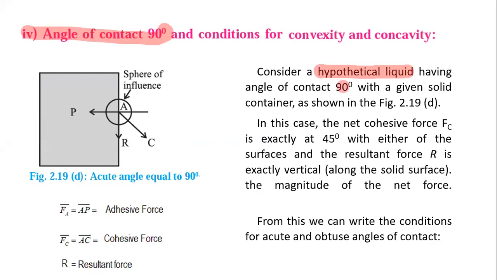Now in this case, the net cohesive force is exactly at 45 degrees with the surface and the resultant R. Pay attention. Let me show in the diagram. So this angle is 45 degrees with the surface and 45 degrees with the resultant.